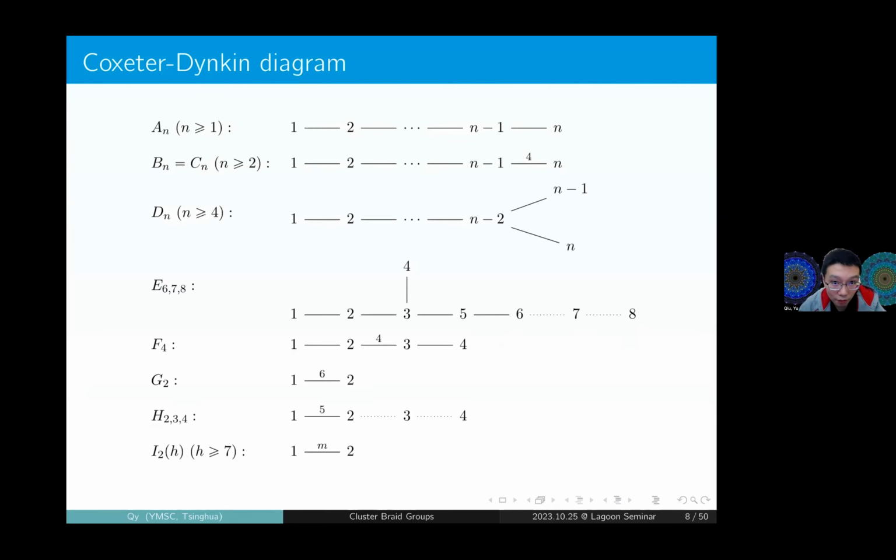The generalization of this is that in general you can have any diagram, but maybe let's restrict to Coxeter-Dynkin diagrams, and you can algebraically associate a braid group to this type of diagram.